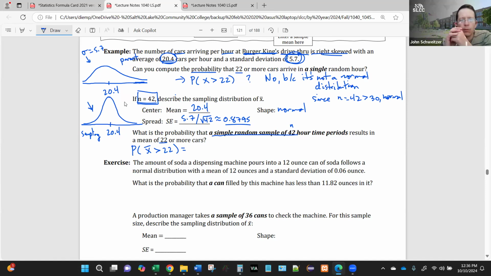So let's do it. We'll use GeoGebra's normal probability calculator to do this. We go over to GeoGebra, we put in our mean and our standard deviation, and it tells us what that probability is.